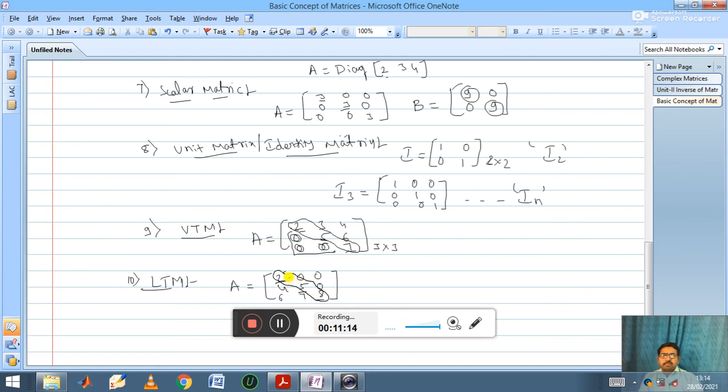After this diagonal line, the upper elements are 0, meaning the entries A12, A13 and A23 are 0, and it is forming a triangle, right? After the leading diagonal entries all the upper entries are 0 and it is forming a triangle, hence this is a best example of a lower triangular matrix.